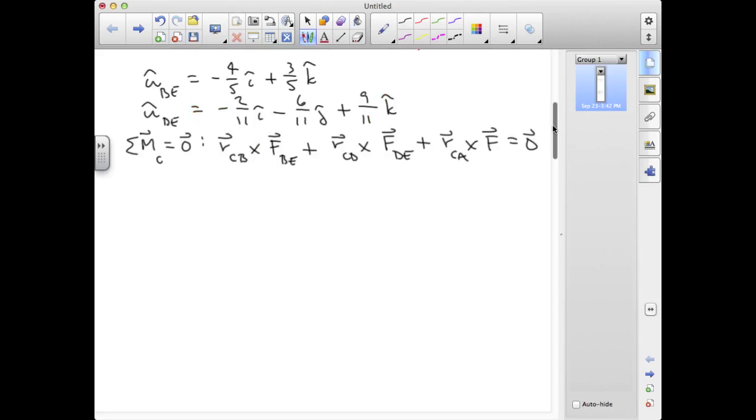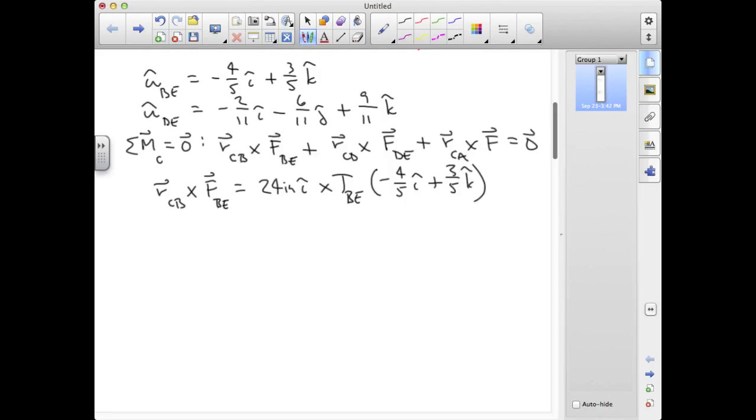So evaluating these one at a time, we have RCB cross FBE is equal to 24 inches in I, crossed into the tension in BE on the unit vector along BE, which is minus 4/5 I plus 3/5 K. And only the I cross K will give me a component.